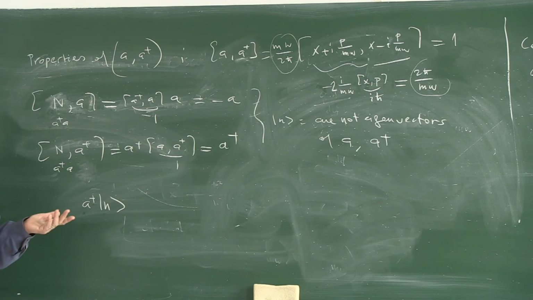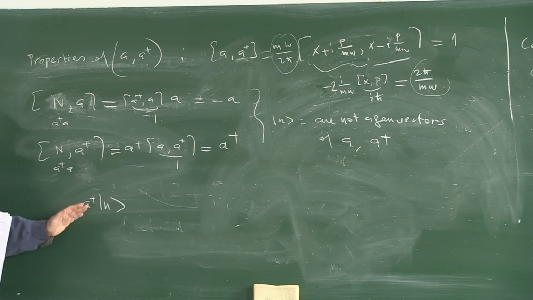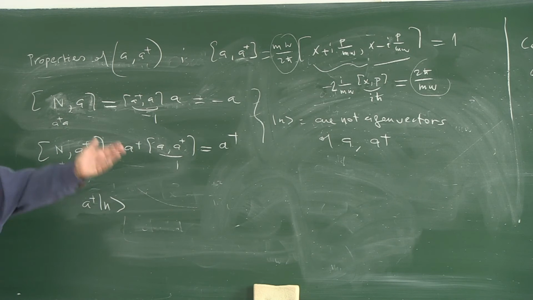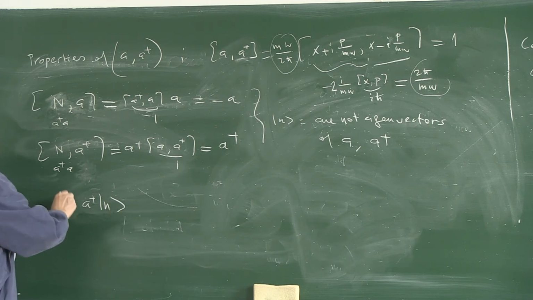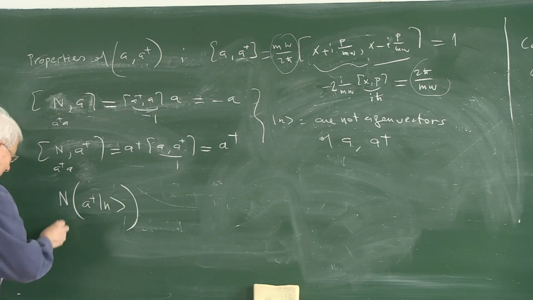If they are not eigenvectors, how do they act on the n's? That is the question. In order to now find the action of a dagger on n, I consider this new state. It is another state. A dagger acts on n and moves it to another state. Whether it stays in the spectrum of n is something else, but it's not the same as before. To understand what this is, I act on it by the capital N now. Then I have to look at that N a dagger.